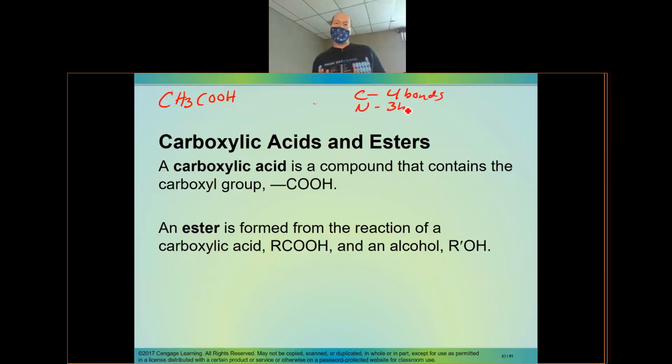Nitrogen, 3 bonds. Oxygen, 2 bonds. Hydrogen, 1 bond. And a halogen, so fluorine, chlorine, bromine, iodine, also 1 bond. All right, so anytime you're writing a structure, if you don't follow this rule, then you have the wrong structure.